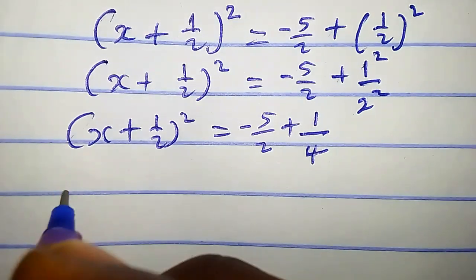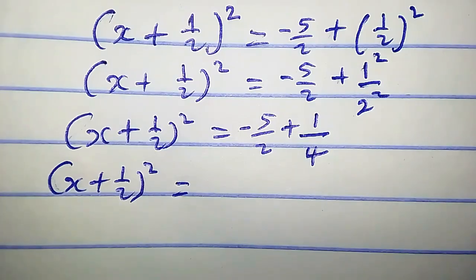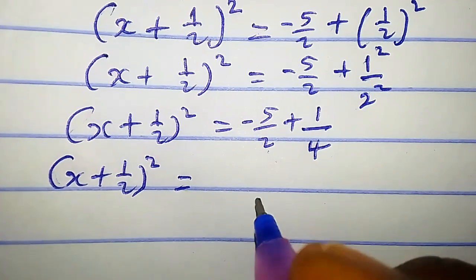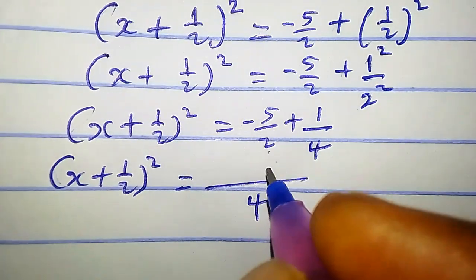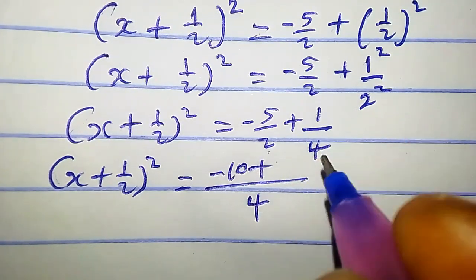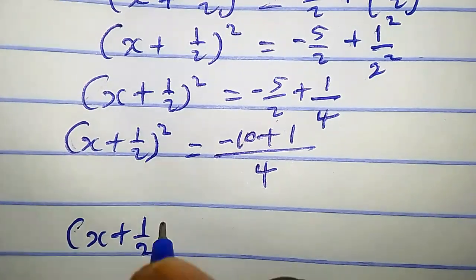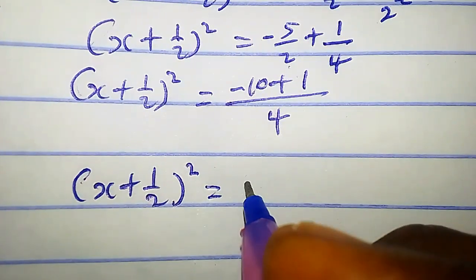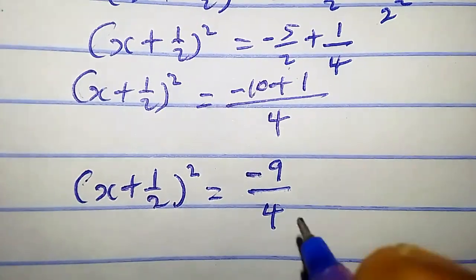Let's continue. x plus 1 over 2 all squared is equal to, on this right hand side, taking the LCM is 4. 4 divided by 2, that is 2. 2 times minus 5, minus 10, plus 4 divided by 4, 1. 1 times 1, 1. So x plus 1 over 2 all squared equal to minus 10 plus 1, that is negative 9 divided by 4.